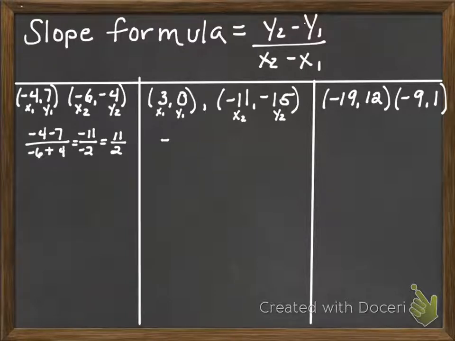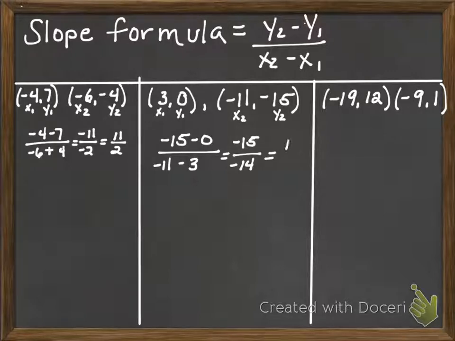So I have negative 15 minus 0 all over negative 11 minus 3. So I know negative 15 minus 0 is still going to be negative 15. And then negative 11 minus 3 is going to be negative 14. And just like in the previous example, I have two negatives that make a positive. So my slope for this is going to be 15 over 14.